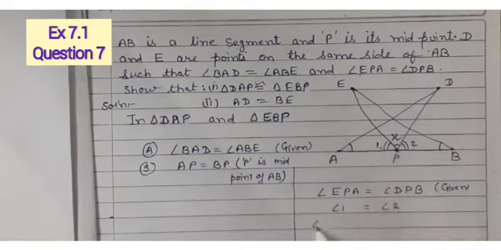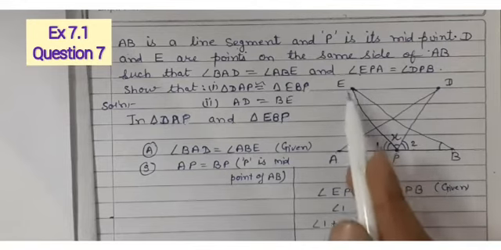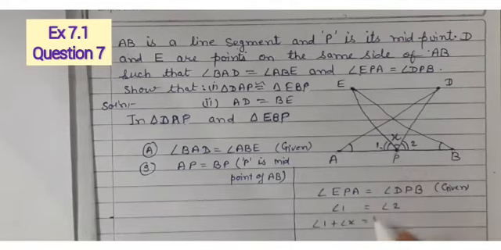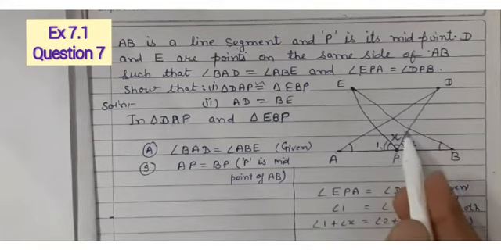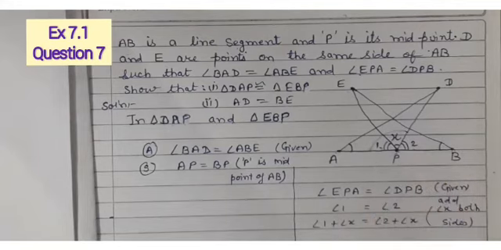Okay. Now I am going to add angle X both sides. I have taken EPB as angle X, for our convenience. Okay, you write here, add angle X both sides. So what is the meaning of this angle 1 plus angle X?